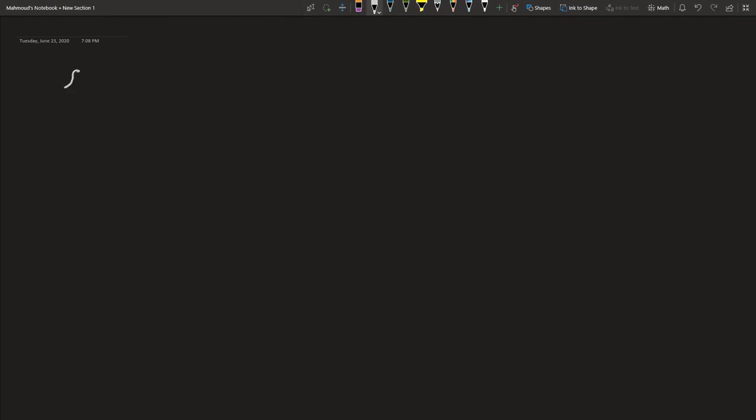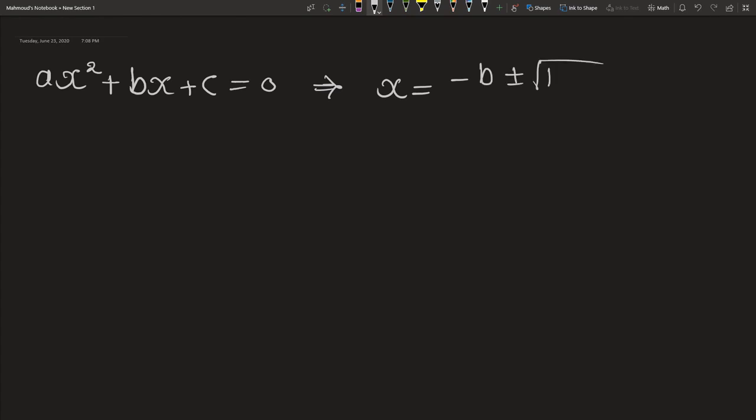Because if we have any quadratic equation of the form ax squared plus bx plus c equal to 0, we know the solution immediately will be x is equal to negative b plus or minus square root of b squared minus 4ac, divided by 2a, right?